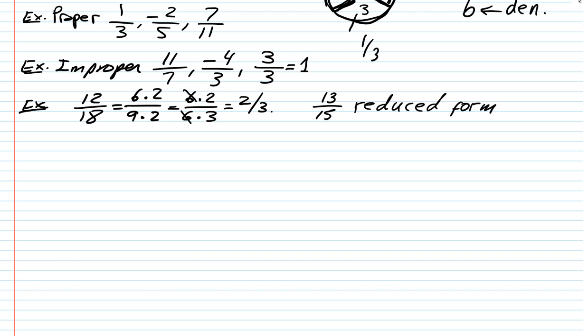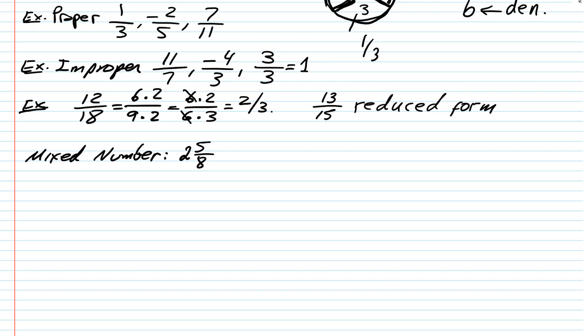Next, let's talk about improper fractions and their relationship with mixed numbers. Now, a mixed number is a number that's made up of a whole part and a fraction part. So for example, 2 and 5/8 would be an example of a mixed number. The whole number part is 2, the fractional part is 5/8. Okay. Now, these mixed numbers, you can write them as fractions.